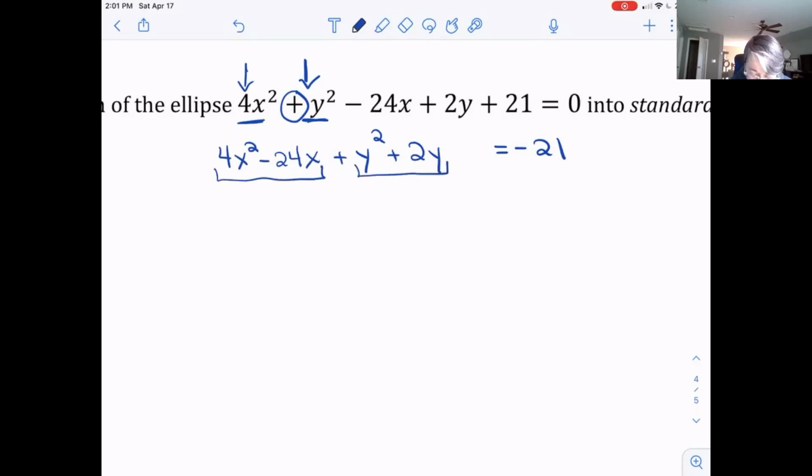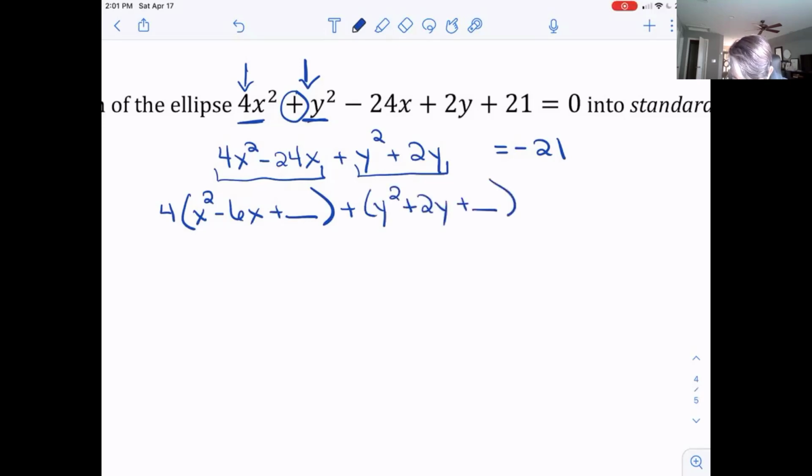So for the x's, there's a leading coefficient of 4, so we want to take that out. You get x squared minus 6x plus some number to make the perfect square trinomial, plus the y's have no leading coefficient, so we just leave that y squared plus 2y plus something equals a negative 21.